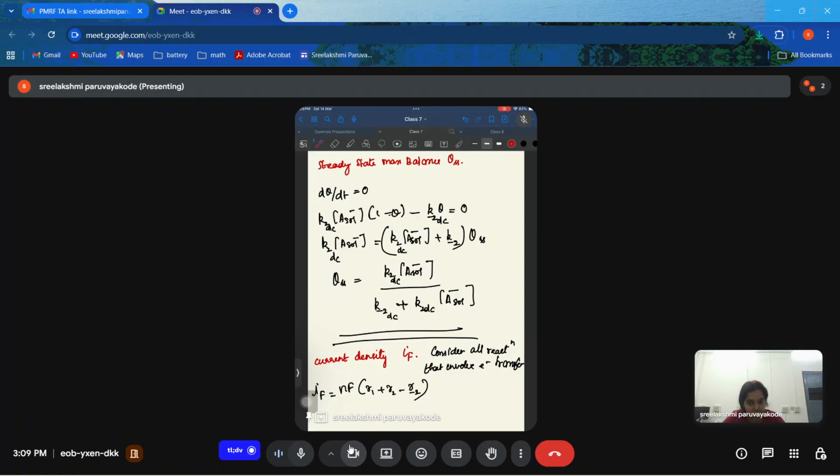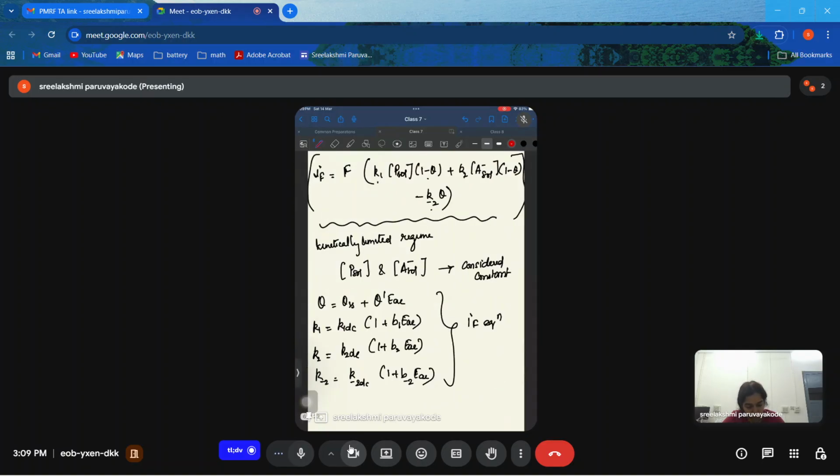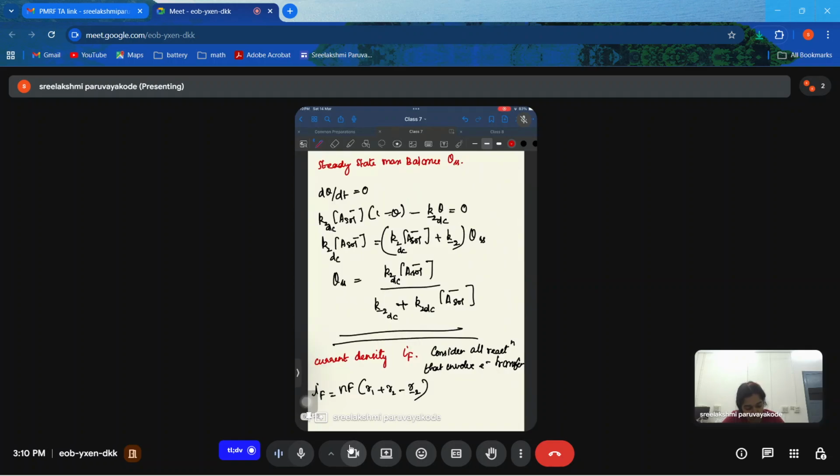Then finally we get current density, which is NF into R1 plus R2 minus R minus 2. In that we consider all the reactions which involve electron transfer. All three reactions have electron transfer, so we are considering all of them.